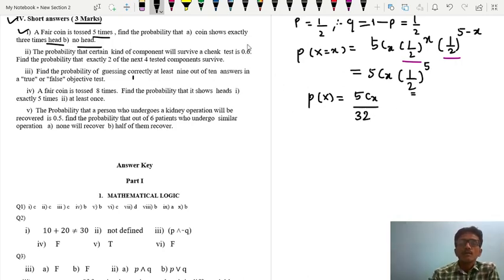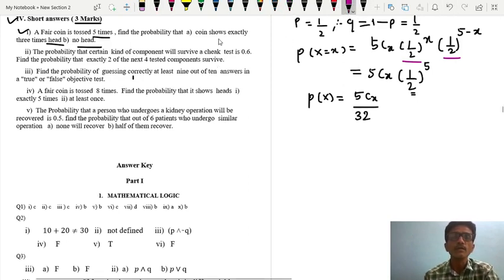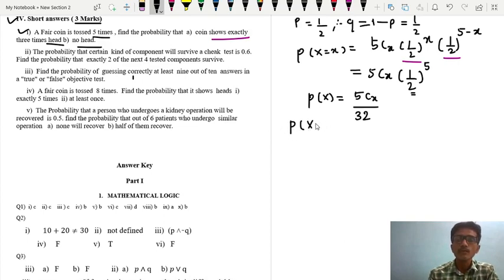Now the first condition is getting exactly 3 heads. That means P of X equal to 3 is 5C3 upon 32.